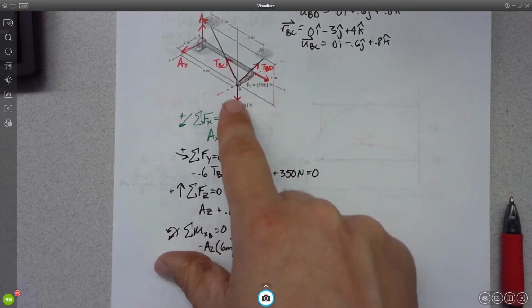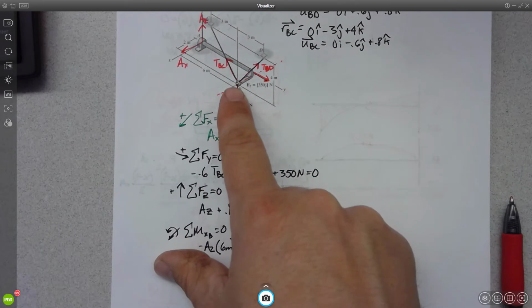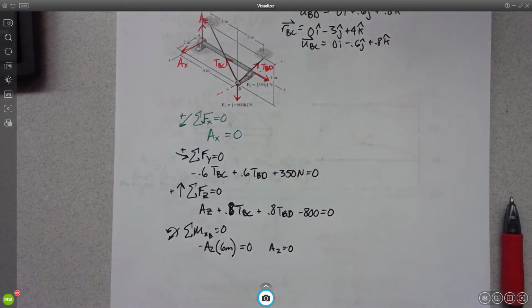Because if I sum the moments about the z-axis going through B, I don't think AX can be equal to 0. Yeah, AZ I'm fine with it being 0. But I believe AX actually needs to be, oh gosh, 2, 6, so 3 times that, 1,050.